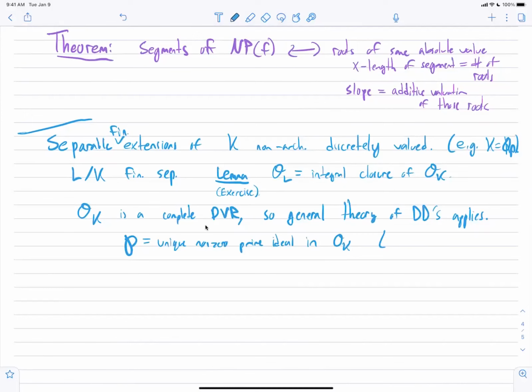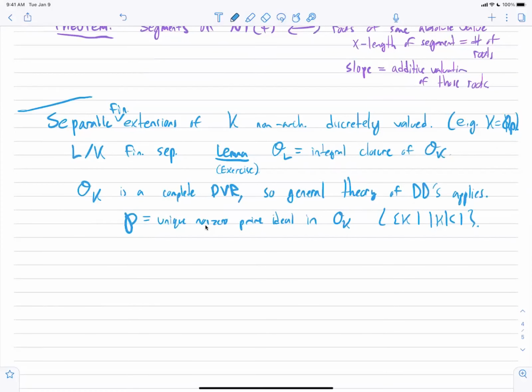And this is just all the things with absolute value less than 1. But it's a PID, so it's generated by a single thing, and such a thing is called a uniformizer. Then there exists P factors in O_L.